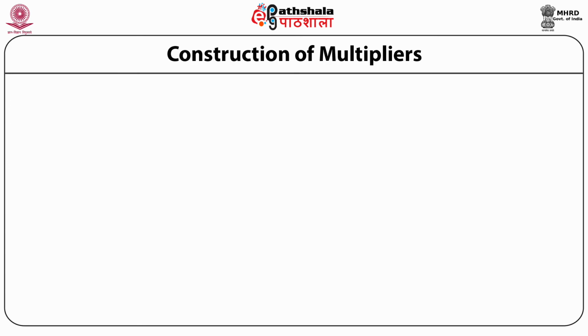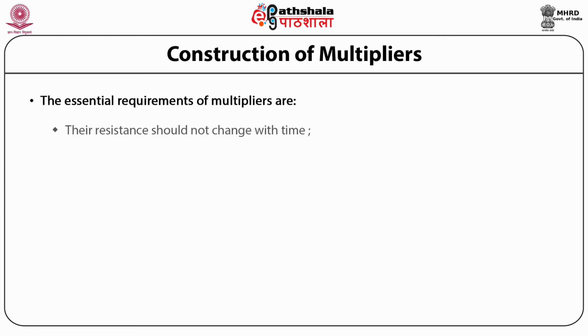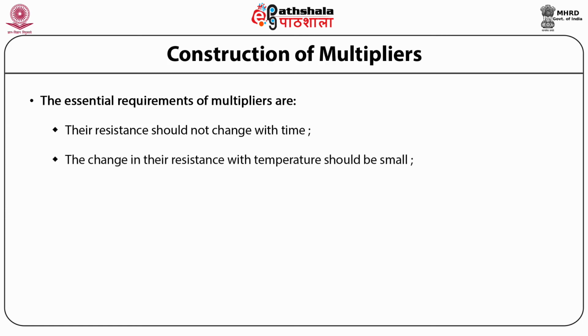Now, let us study the construction of multipliers. The essential requirements of multipliers are: first, their resistance should not change with time. Second, the change in their resistance with temperature should be small. Third, they should be non-inductively wound for AC meters.